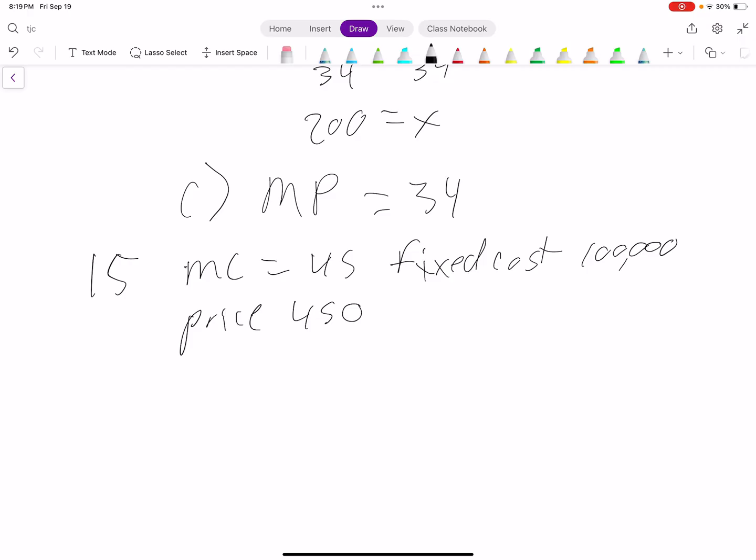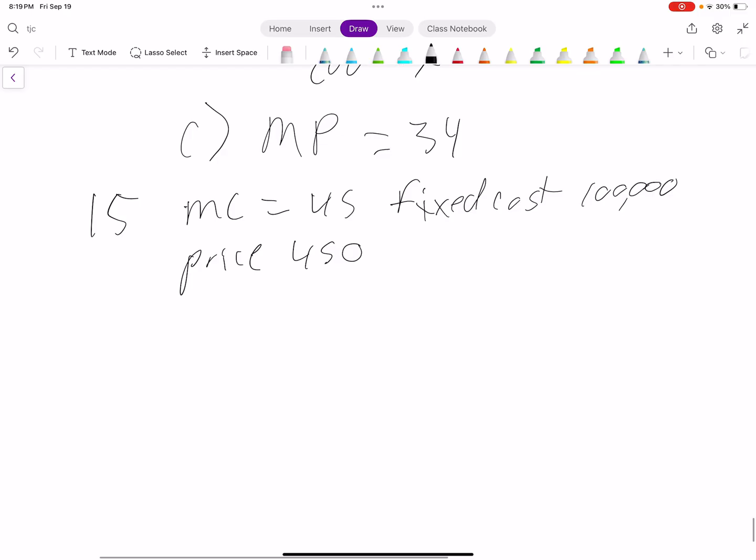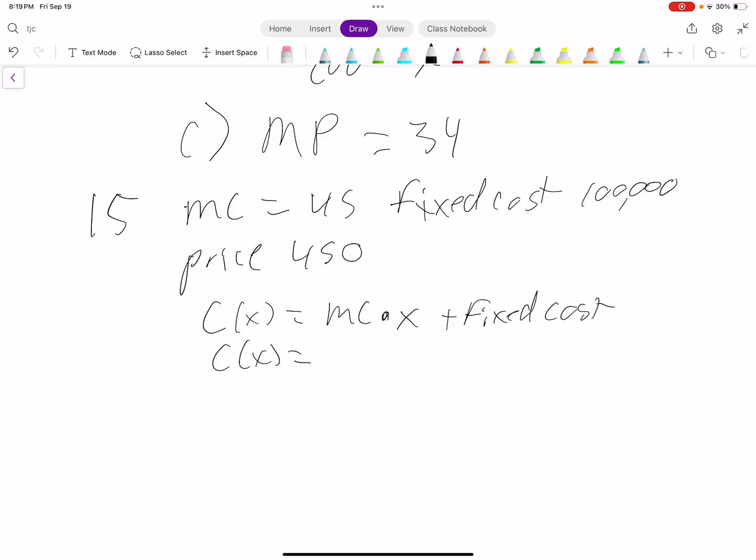You're going to find the profit equation, the break-even point, and the marginal profit. The hard thing here is you have to know that your cost equation consists of the marginal cost times x plus the fixed cost. So that makes the cost equation equal to 45x plus 100,000.